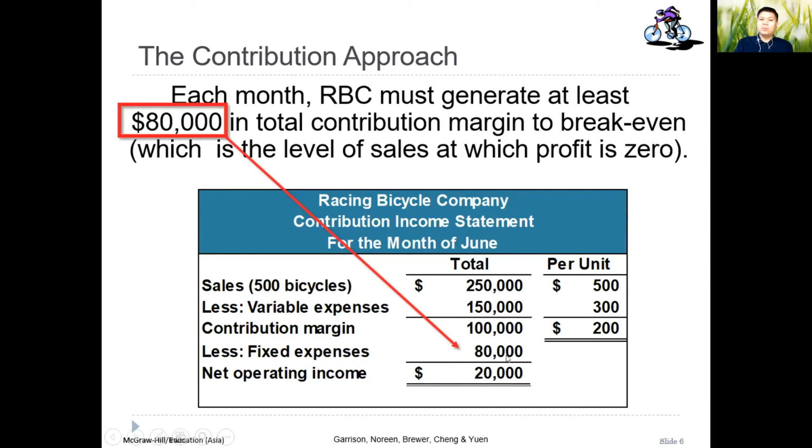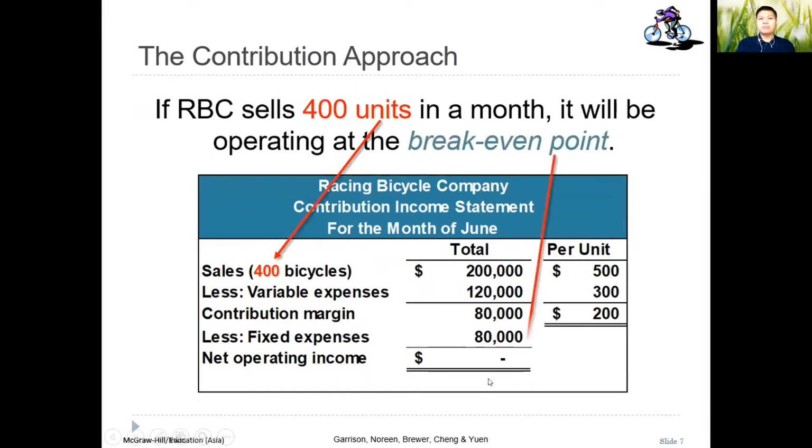You have no 1, no 2, no 3, and no negative number either. It's simply 0, and you break even. There is no net profit, there is no net loss. All right. This is an example, no, of a break-even point. It says, at a break-even, at sales of 400, so 400 times the selling price of 500, that would be 200,000.